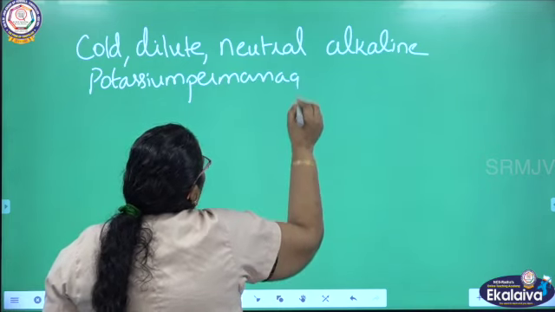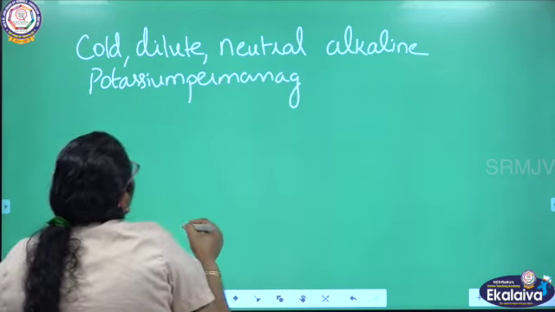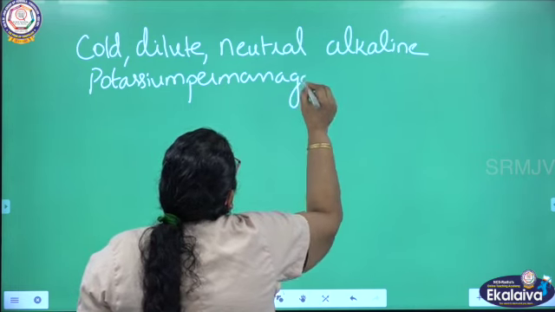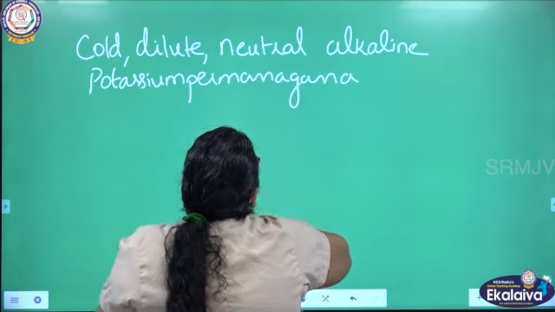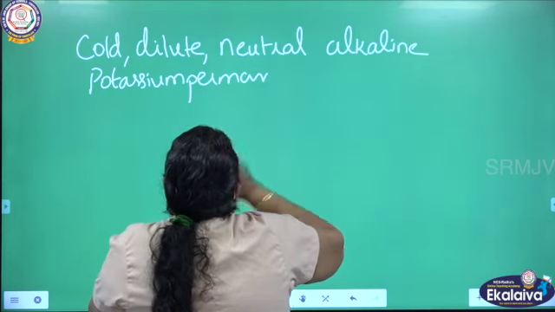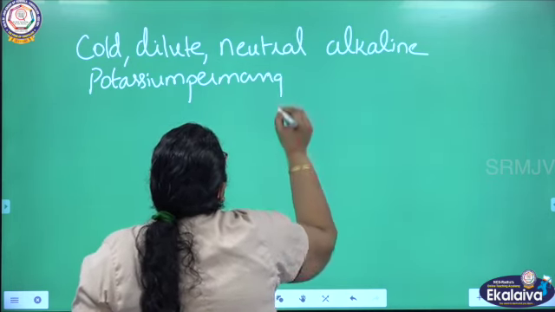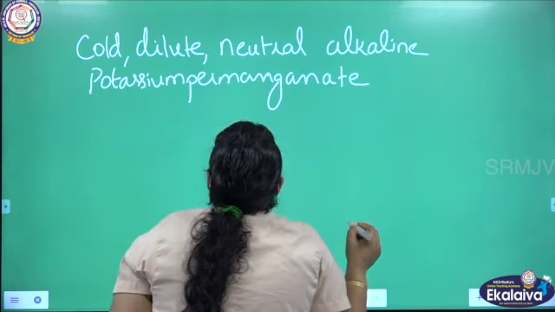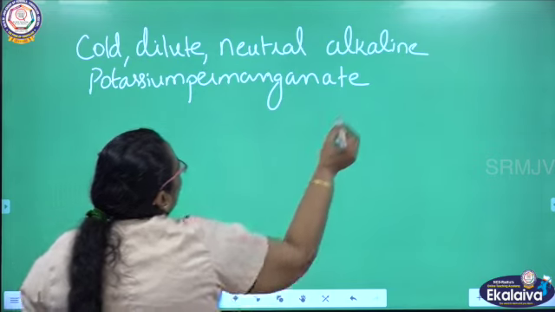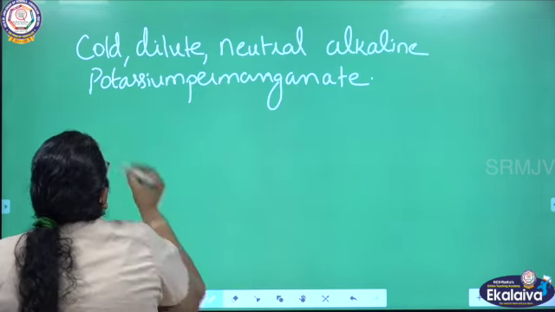So in the presence of an acid or an alkali, it acts as a powerful oxidizing agent. So neutral, what is that? Alkaline, cold, dilute potassium permanganate.